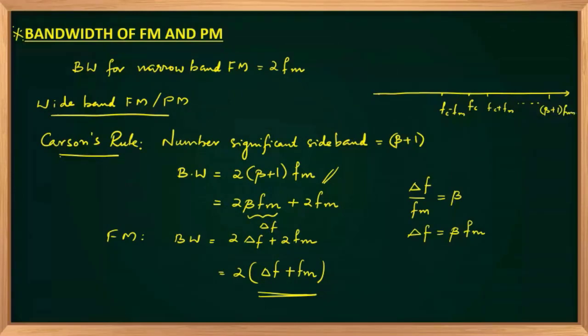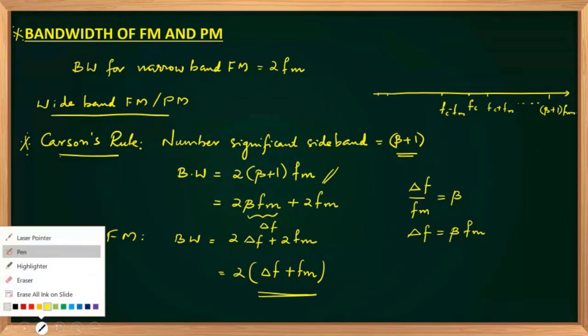The number of significant sidebands are considered, based on the fact that most of the power is concentrated in these sidebands. Even though there are an infinite number of sidebands, the power outside this frequency range is negligible. So we consider beta plus 1 sidebands, and the total bandwidth is 2 into (beta plus 1) into FM. This is Carson's rule, an important rule for calculating the bandwidth of a wideband FM or PM.